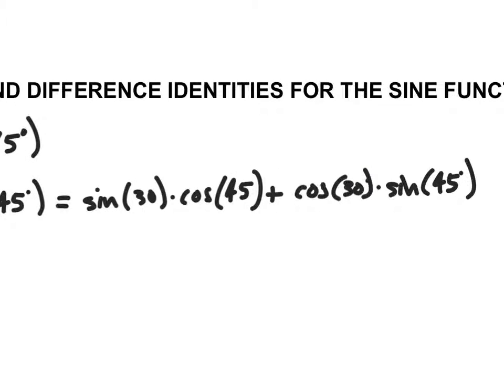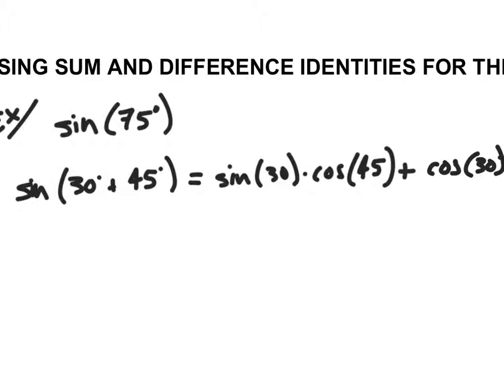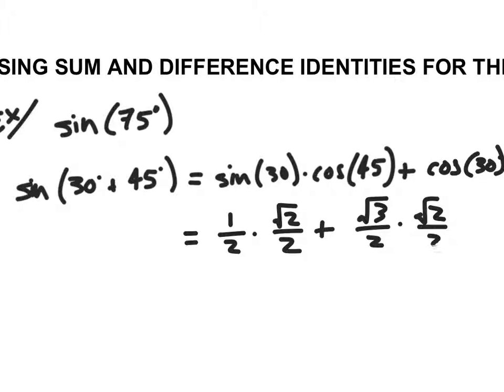Okay, so let's evaluate this. Sine of 30 is 1/2, times cosine of 45, which is the square root of 2 over 2, plus cosine of 30, which is root 3 over 2, times the square root of 2 over 2.